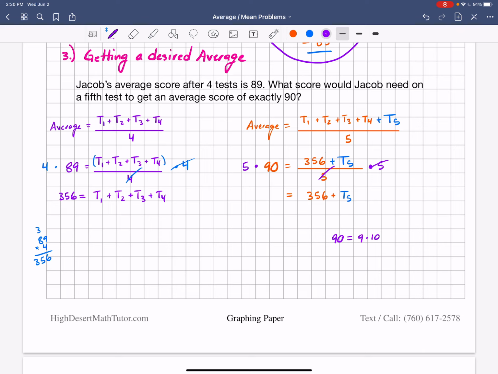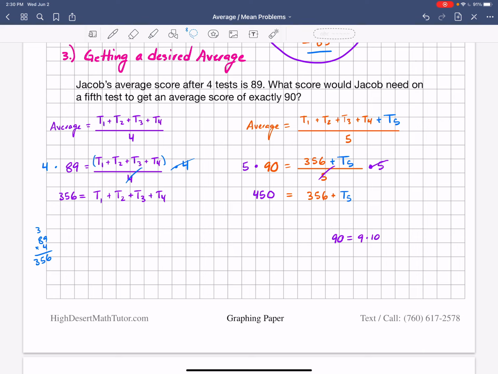So one fast way of multiplying numbers that end in a 0, such as 90 times any other number, is multiply 5 times 9 first. 5 times 9 is 45. And then it's basically the same as multiplying this by 10 at the very end. And anything times 10 just adds the 0 to the right side of the number.